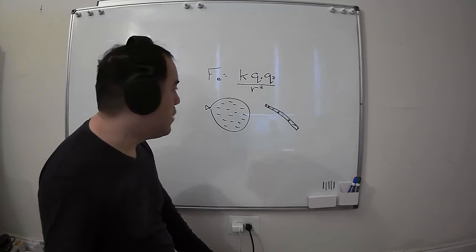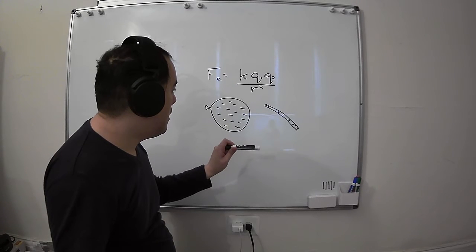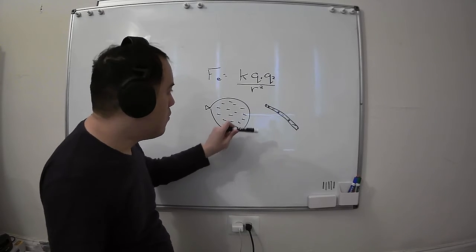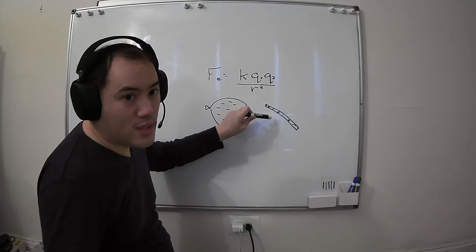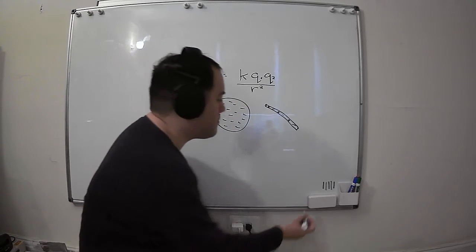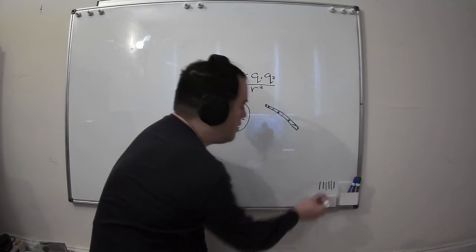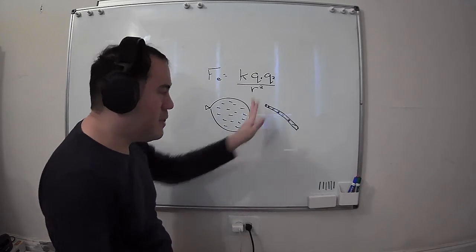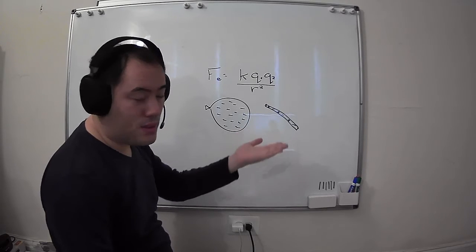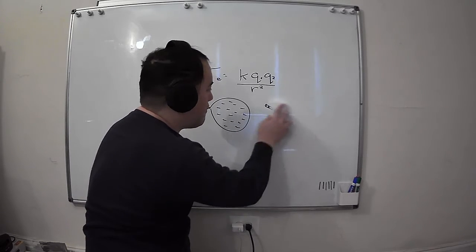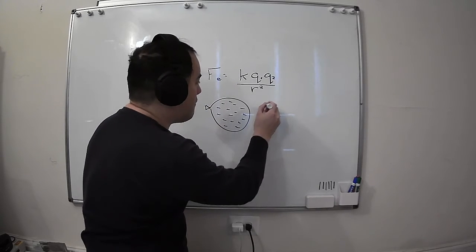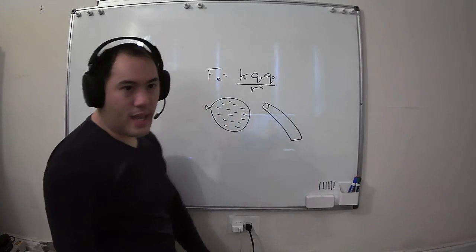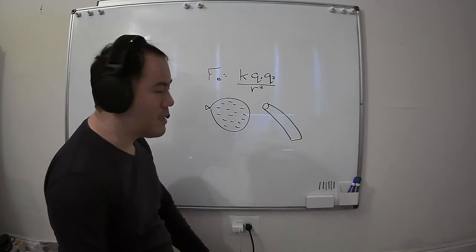What happens when the balloon is brought very close? What will the protons do? What will the electrons do? Tell me right now. When the balloon is close to the neutral filament, the filament is not attracted or repelled because it's neutral. But inside the filament, let me draw it bigger, there's protons and electrons, not drawn to scale.